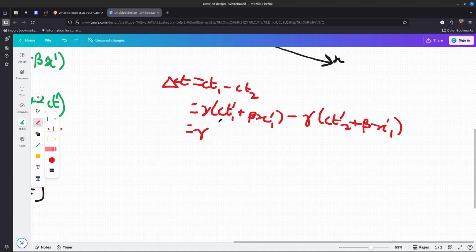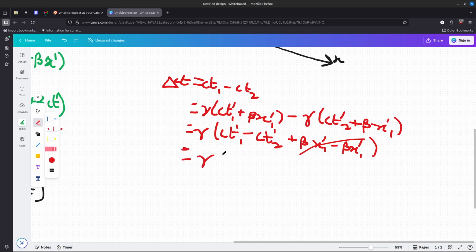Factor out the gammas, end up with ct1' minus ct2' plus beta x1 minus beta x1. They cancel to give gamma times (ct1' minus ct2').